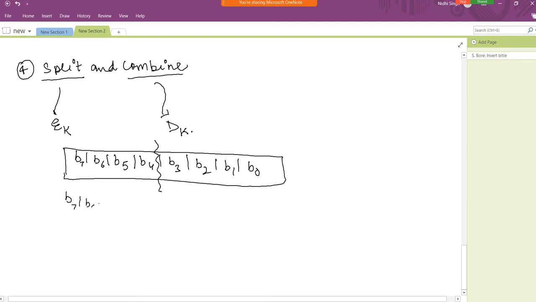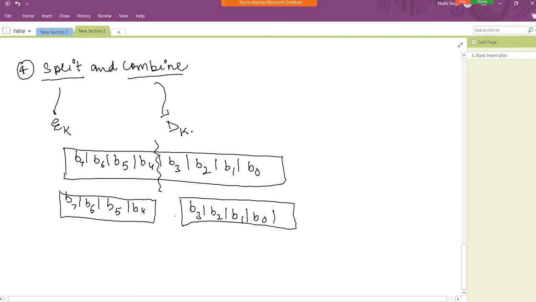So my split is done into two: B7, B6, B5, B4 and the other one is B3, B2, B1 and B0. Now further processing will be imposed over this in order to generate the ciphertext. In the reverse process, means at the decryption side, again you have to combine these two and the process will be done for the decryption. So these types of things are used in the block cipher.